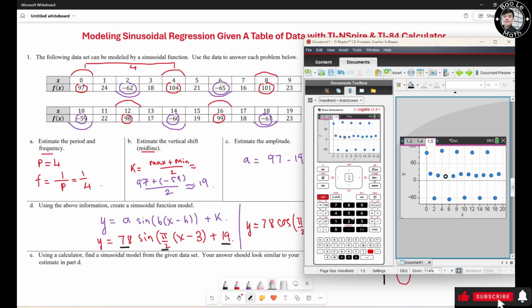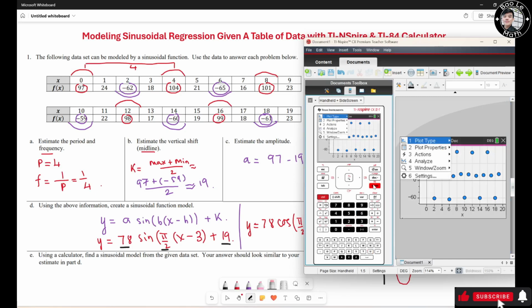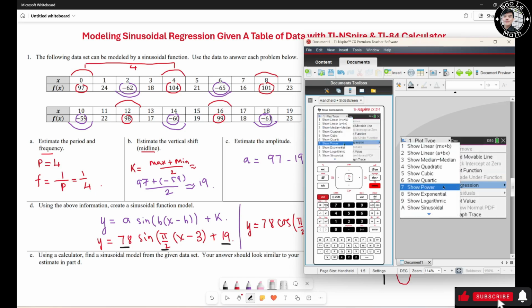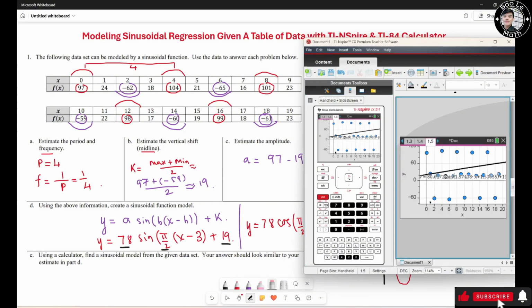Now what you're gonna do next is hit the menu button and then hit analyze, number 6 right here, regression, and then show sinusoidal regression right here.